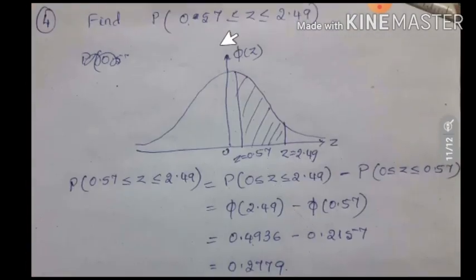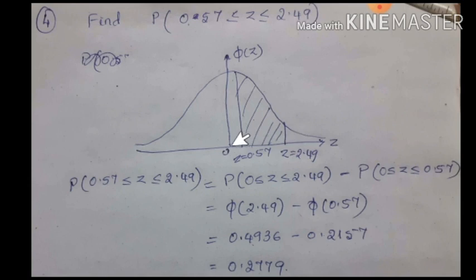If I wanted to find out the area bounded by 0.57 to 2.49, both are on the positive side. So I have a table value from 0 to 2.49 and I have a table value from 0 to 0.57. I don't have a table value from 0.57 to 2.49 directly.